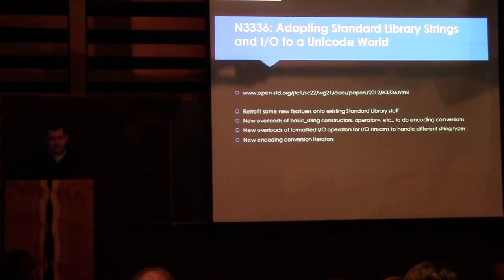For example, the paper proposes to add new constructors and new assignment operators to basic string, so that you can take a basic string with a different encoding and initialize the string with it. For example, you could have a U32 string and initialize a std string from it, and it would do the correct conversions. Plus, there were new overloads for the formatted I/O operators and new encoding conversion iterators.